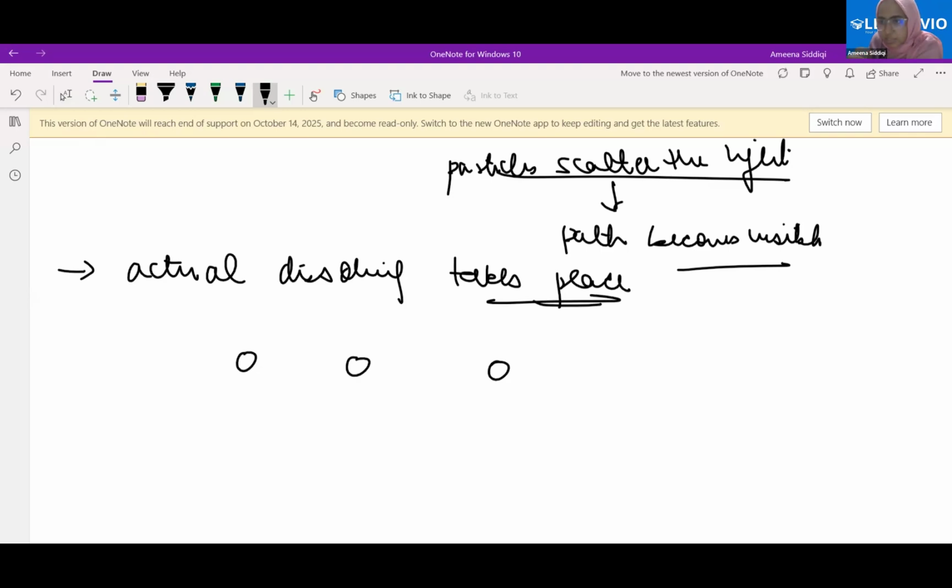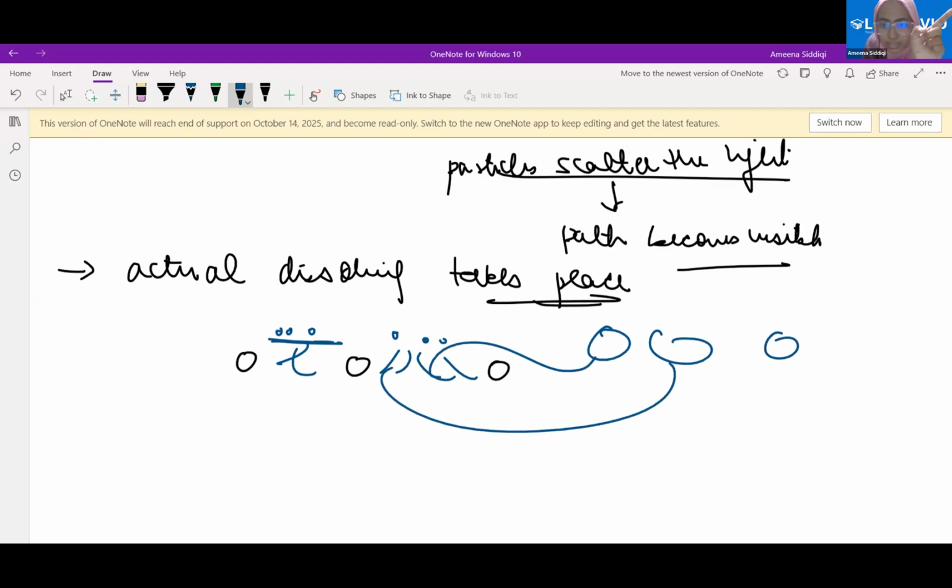They have certain space between them because of the presence of intermolecular spaces. Let's say I'm talking about some other particles which have very small size. That is why I'm referring to them as solutions. Because they are quite small, they will actually get intermixed like this. Therefore actual dissolving is taking place here. Had the particles been greater like this, will they mix here properly? Will they get dissolved? Yes or no? They will not.